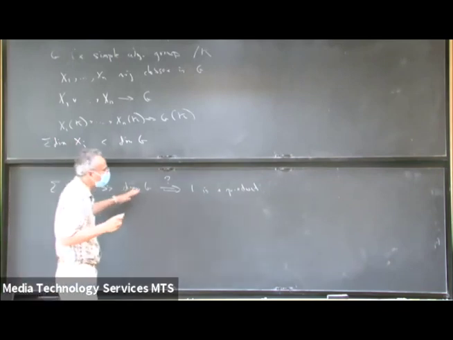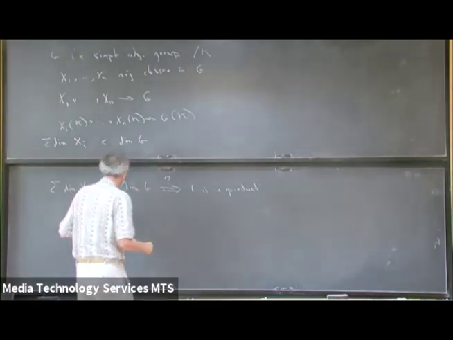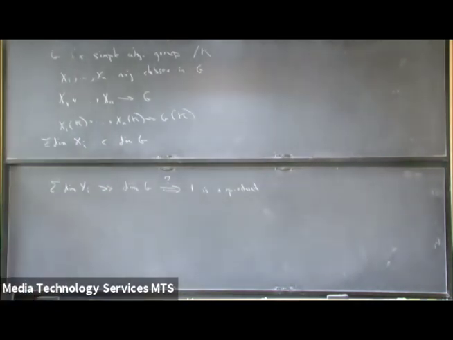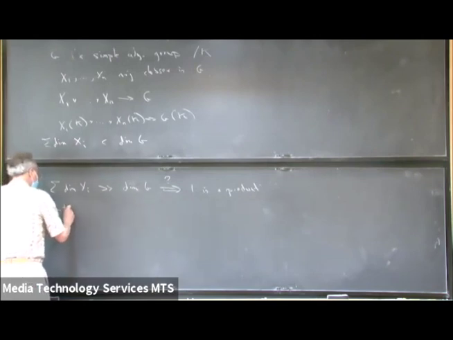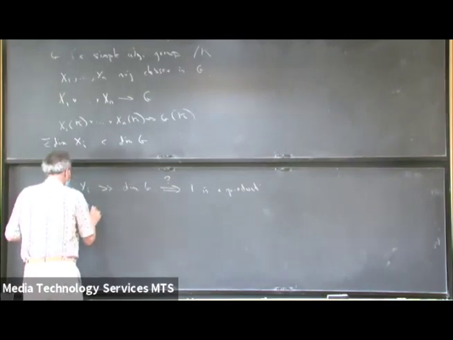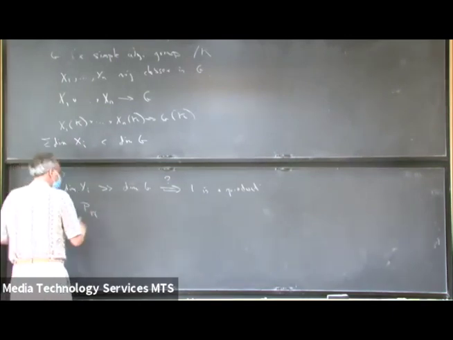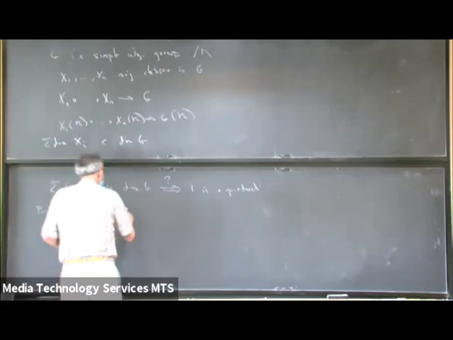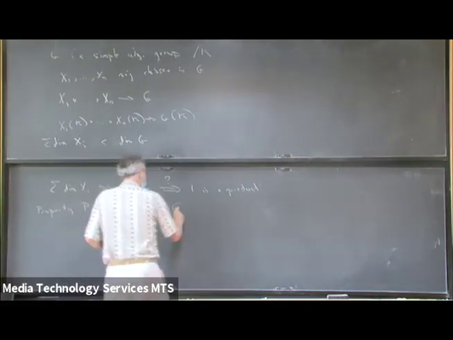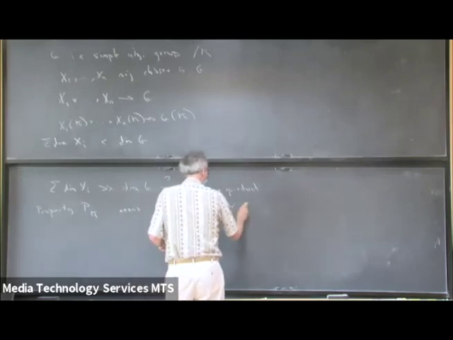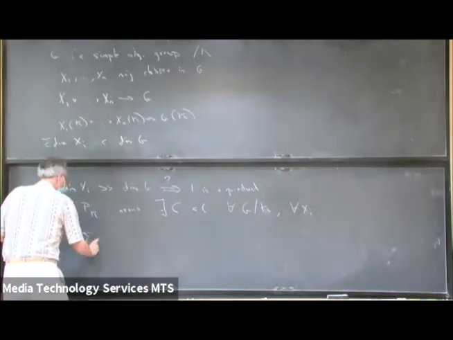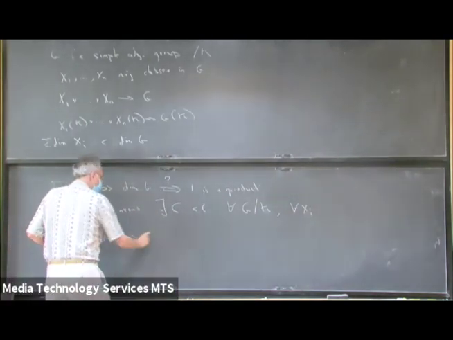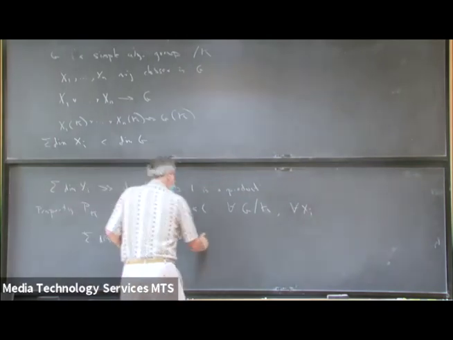So let me first state what I would consider to be a good version of this theorem. I mean, you might ask for more, but let's say property P, the product property. K has property P means that there exists C such that for all G over K and for all choices of conjugacy classes, if the sum of the dimensions of the xi is greater than C times the dimension of G, this implies that 1 is a product.